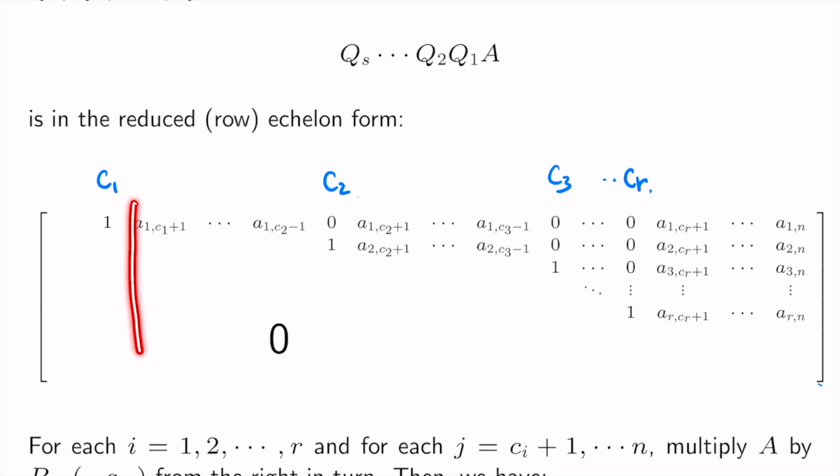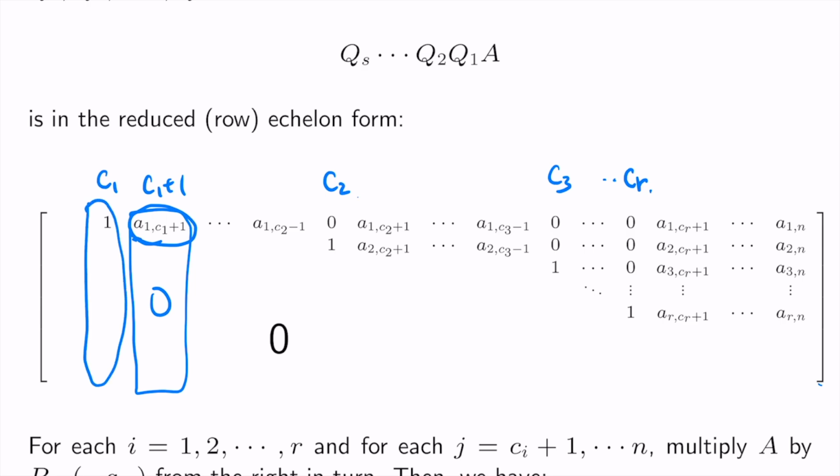First, consider this column, that is C1 plus 1. And all the elements in this column are 0 except for the element in the first row. And we want to make it 0. To do that, we multiply this column by negative A1,C1+1 and add that to the column C1+1.